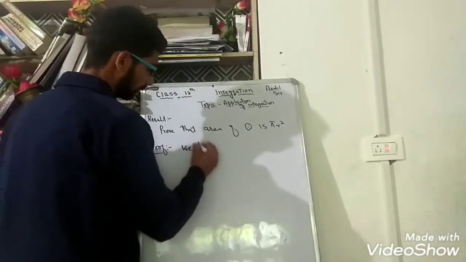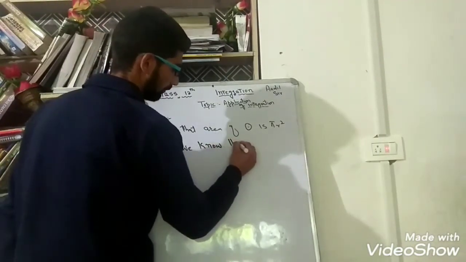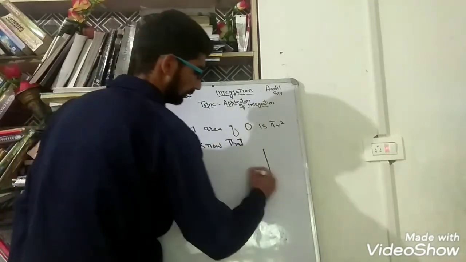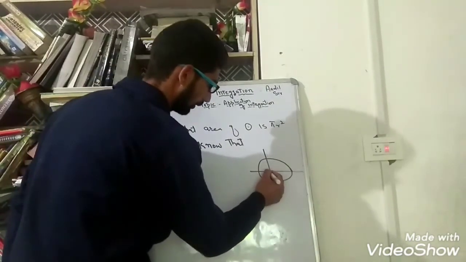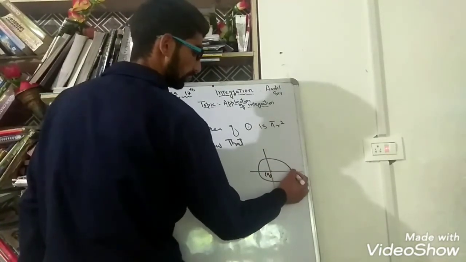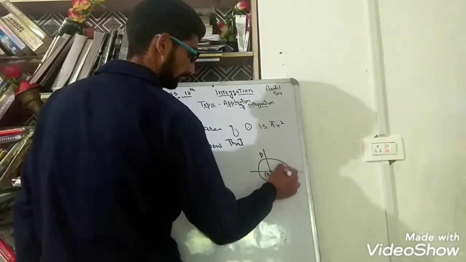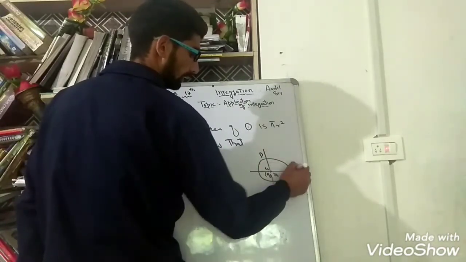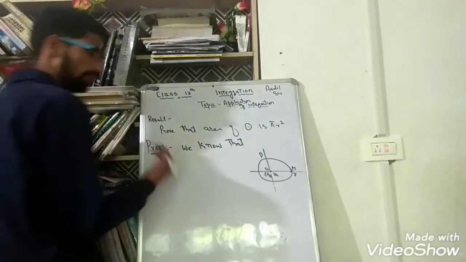In the proof you write, we know that, here you write a circle also. See your origin, so R, and this is your P, O, M. So you are taking this as P.